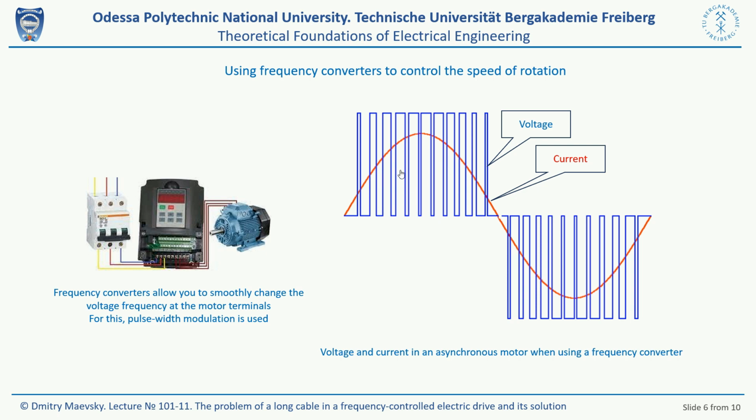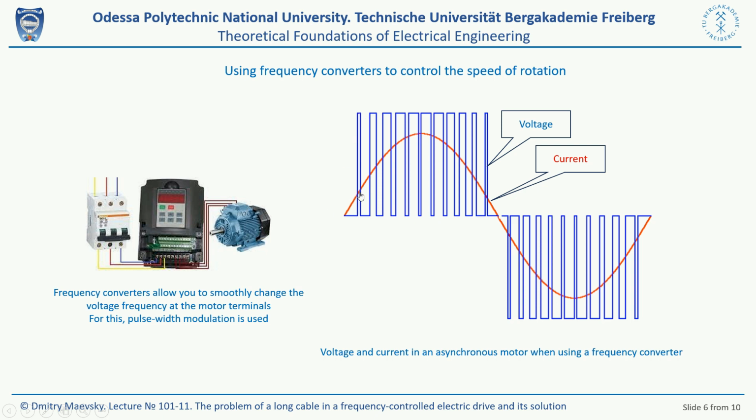But the coils of an asynchronous motor are inductors. The waveform of the current in the motor is shown in red in this picture. Look, the longer the duration of the voltage pulse on the motor, the greater the value of its current.